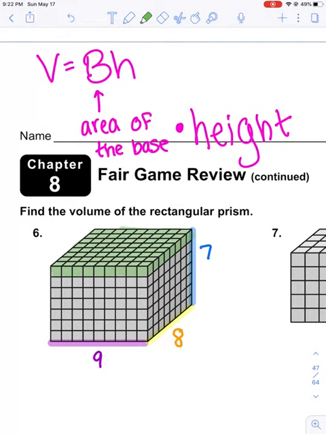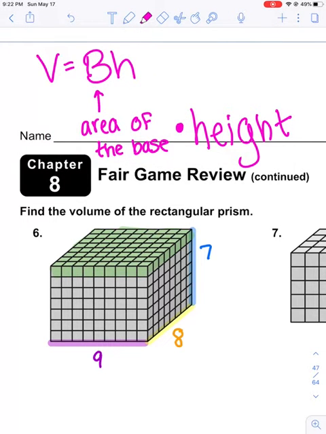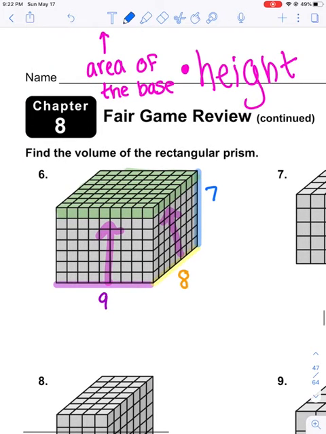Can you pause the video and find out how many cubes would be in that green layer? Hopefully you're ready. So for that green layer, it would be 9 by 8. So the green layer would be 9 times 8, which is 72. So one layer of cubes is 72 cubes.